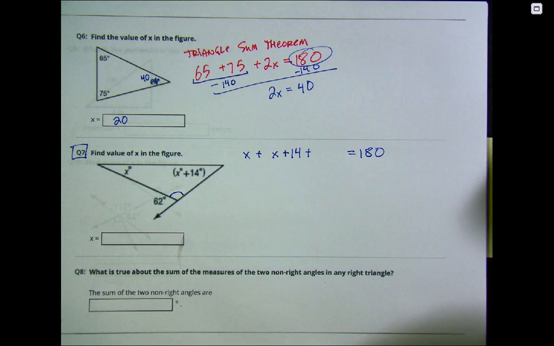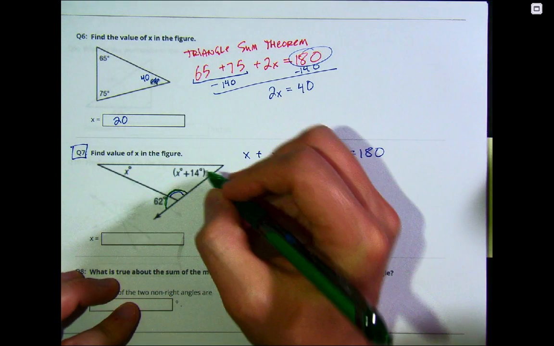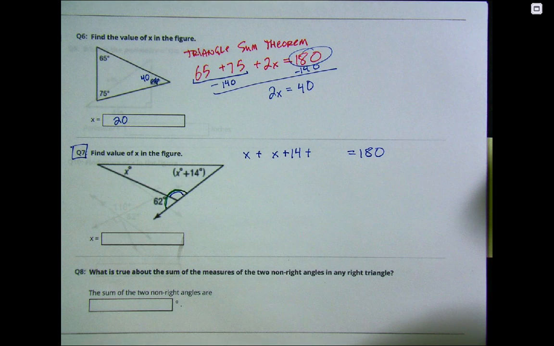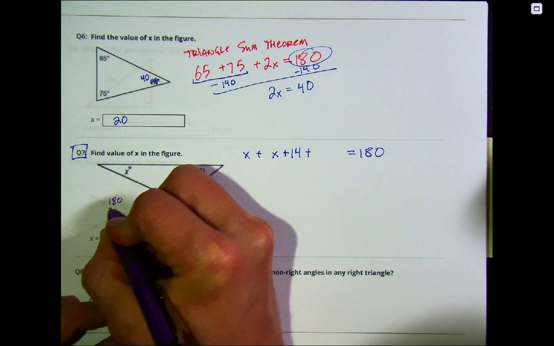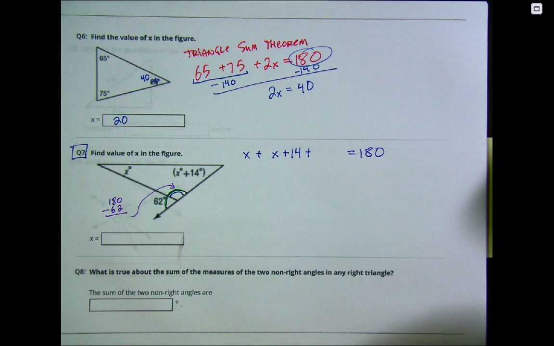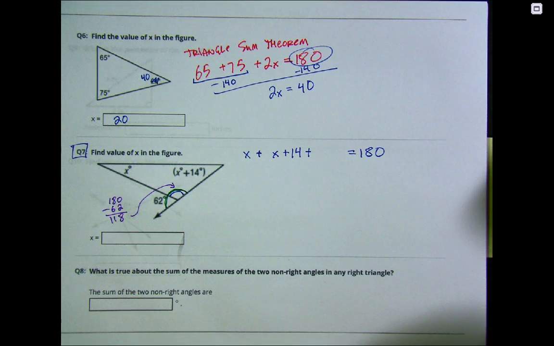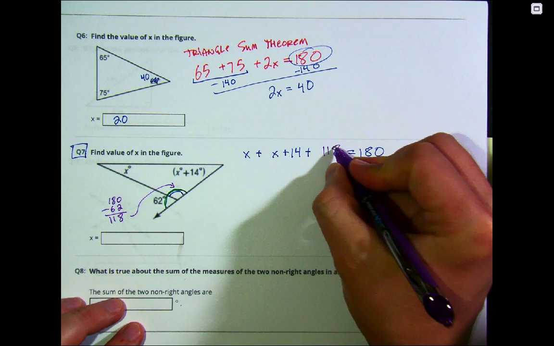But wait, don't these two together form 180? Yep, they are supplementary. So to find that angle, all I have to do is 180 minus 62, and that will tell me what that angle is right there. So that's going to be 118. So 118 is what I'm going to put right there.